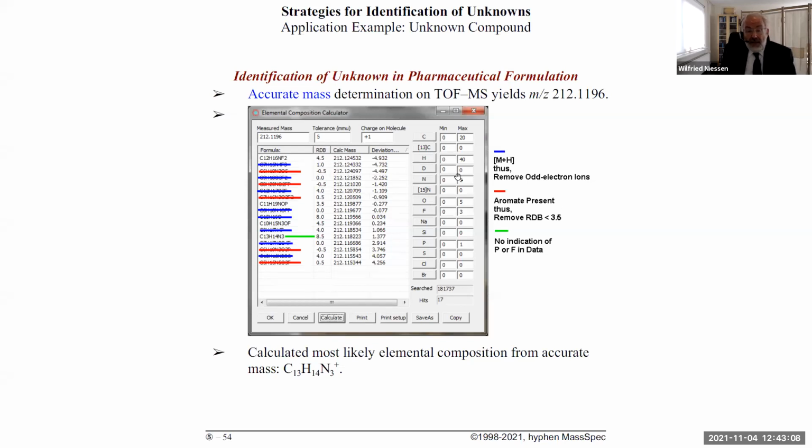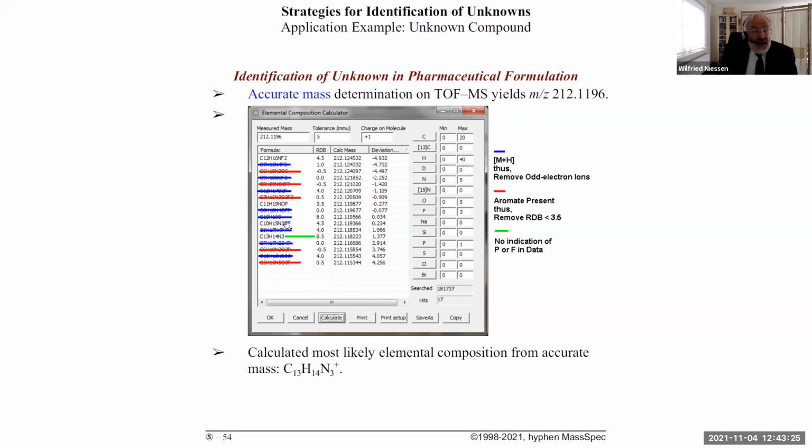So these are the blue lines. I know I have an aromatic ring present, so I should have an RDBE of at least 3.5. So I can remove any with lower RDBEs.